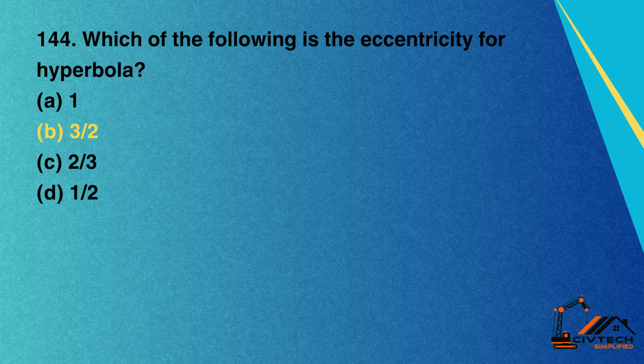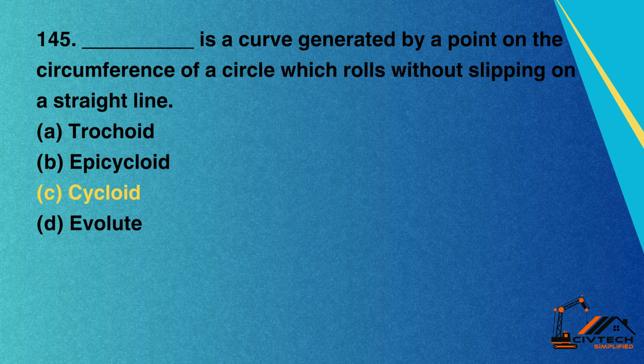144. Which of the following is the eccentricity for hyperbola? A. 1, B. 3/2, C. 2/3, D. 1/2. Correct option, B. 3/2. 145. What is a curve generated by a point on the circumference of a circle which rolls without slipping on a straight line? A trochoid, B. Epicycloid, C. Cycloid, D. Evolute.